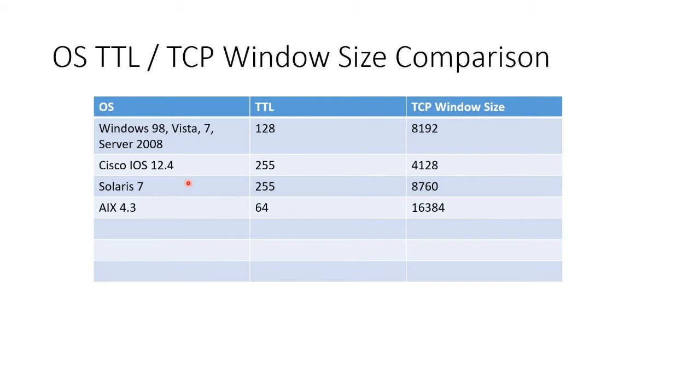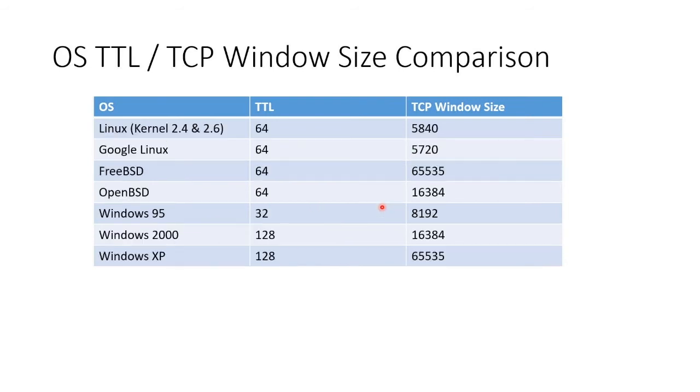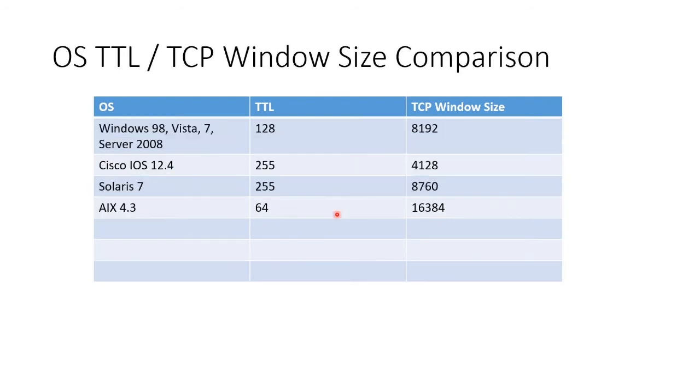Cisco IOS, don't think IOS is iPhone. We mean Cisco routers and switches. Version 12.4 has a time to live of 255 with a window size of this. Solaris, which is a whole other operating system, has these things. And AIX has these things. So you can compare, and actually you don't have to, but your tool can look at those responses and go, that's a such and such.